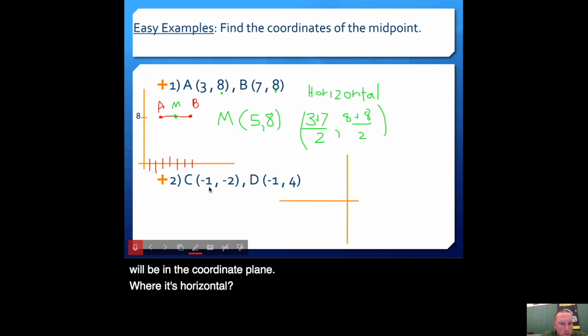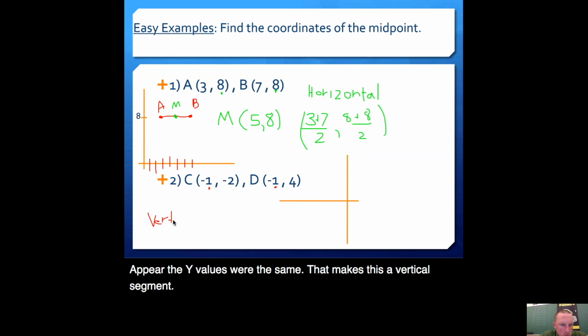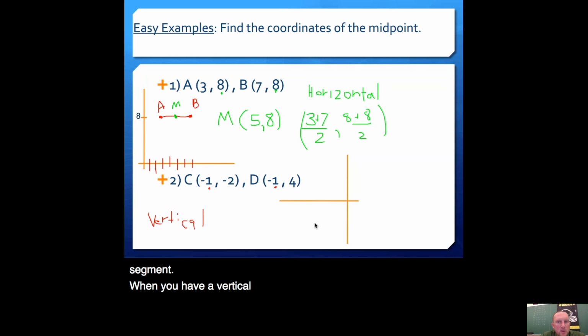Number 2, the x values are the same. Up here, the y values are the same. That makes this a vertical segment. When you have a vertical segment, it's pretty easy to find the midpoint also.